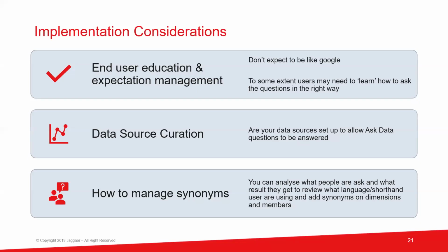The other consideration is around data source curation. So ensuring that your data sources are set up to allow Ask Data questions to be answered in the most optimal way. I mentioned Ask Data is intelligent in terms of it'll understand when you say something like what's the earliest or last year, but to do that it does need your data to be configured correctly.